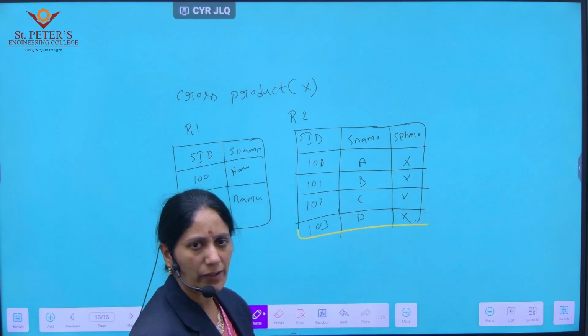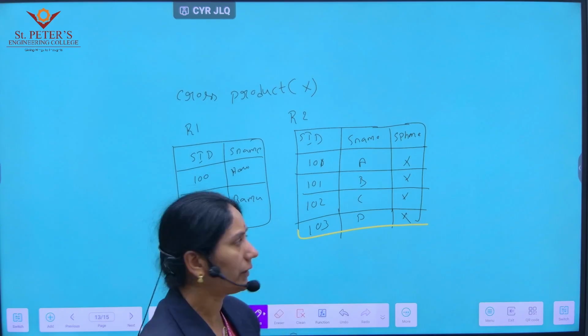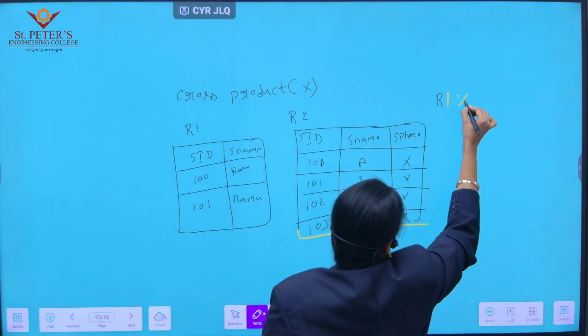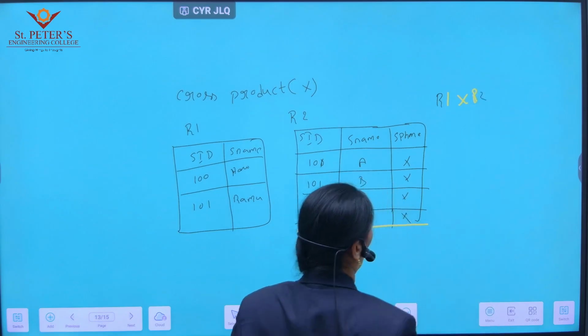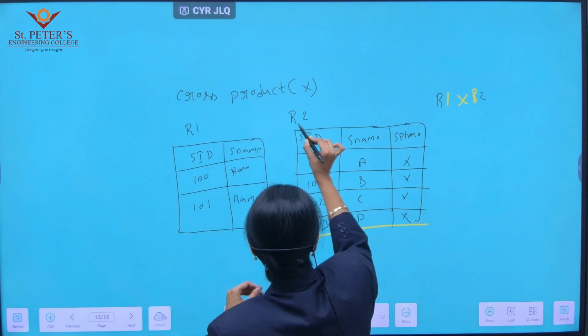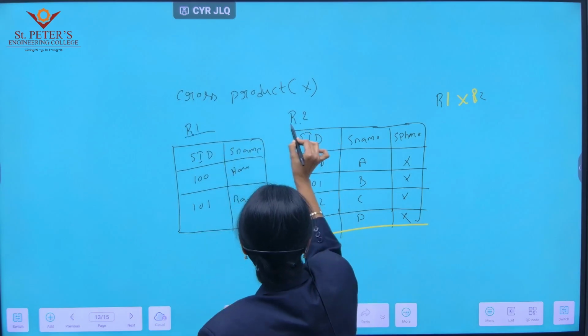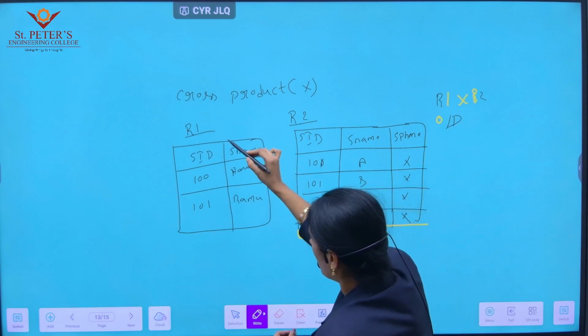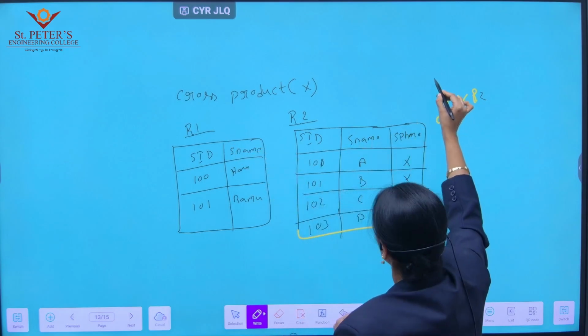What is meant by Cartesian product? Cartesian product means R1 multiplied by R2. In relation R1 how many rows? 2 rows.